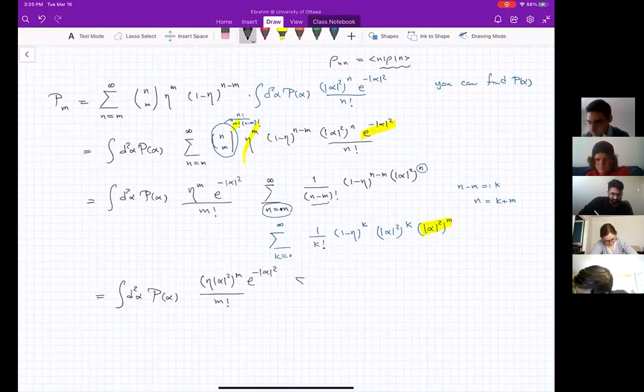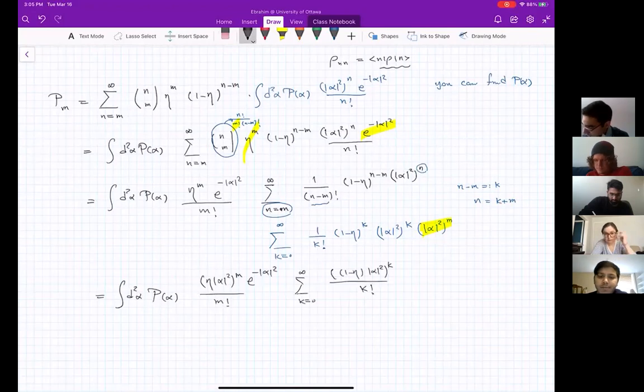And then I have the summation, k from 0 to infinity, of ((1 minus eta) |alpha|^2) to the power of k divided by k factorial.